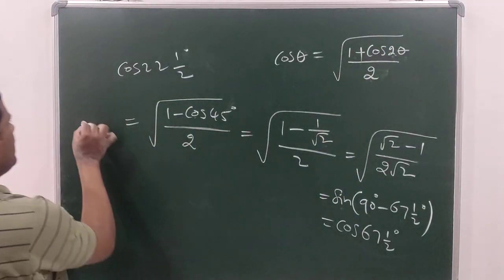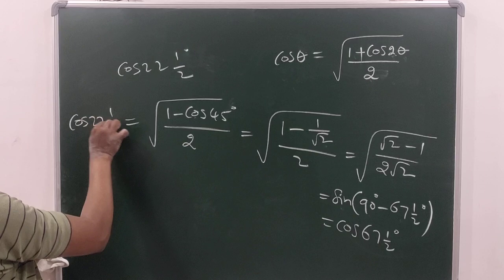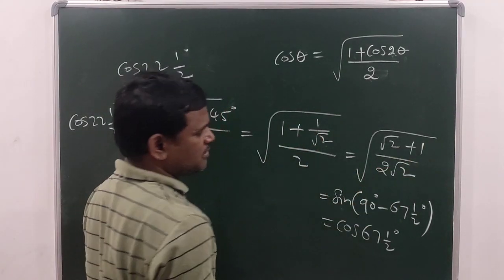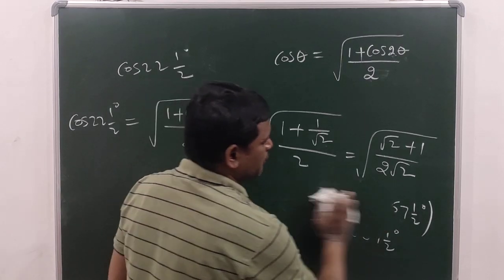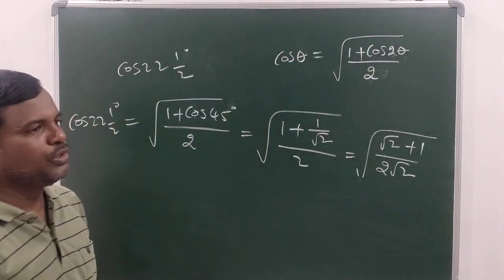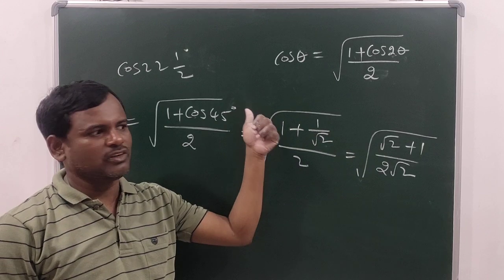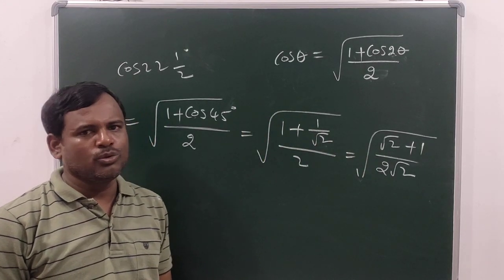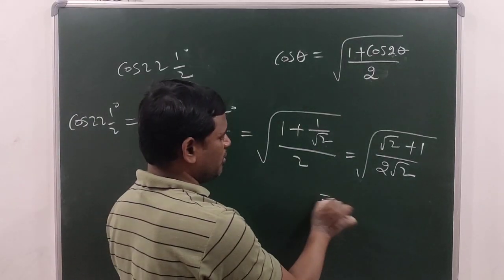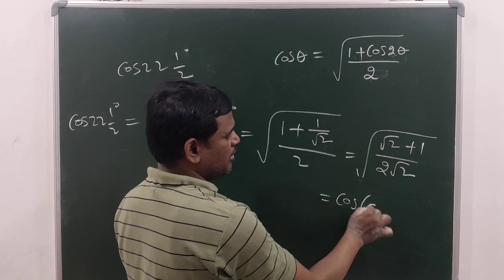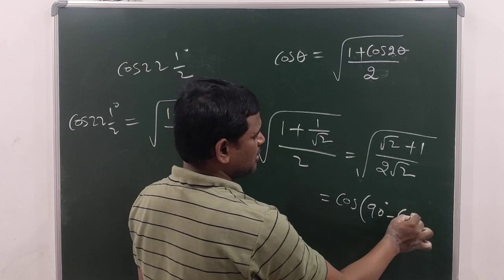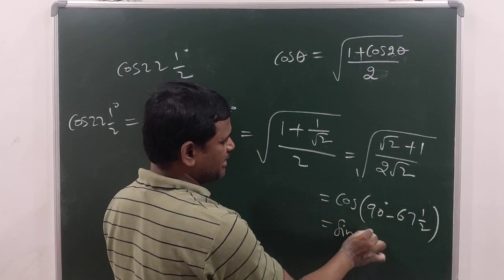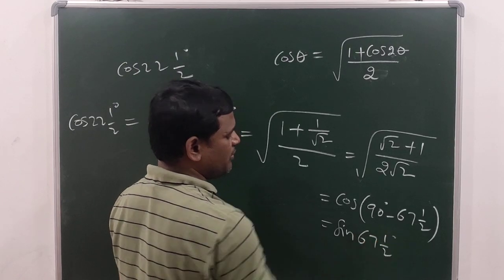Cos 22.5 value is the same as the previous one. Finally you will get square root of (root 2 plus 1) by 2 root 2. Now this is also equal to cos of (90 degrees minus 67.5). Cos (90 minus theta) is sin theta, so you will get sin 67.5 degrees.